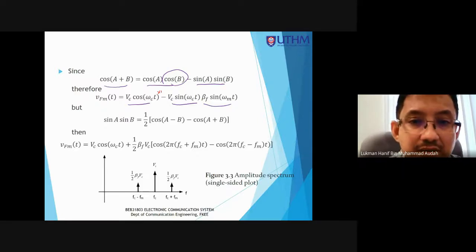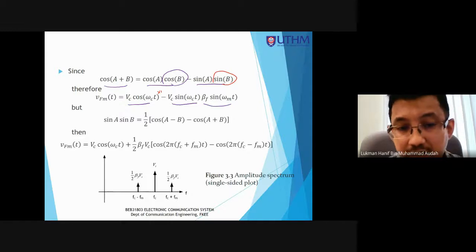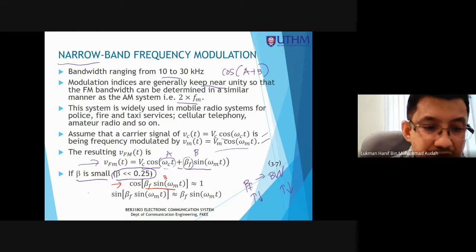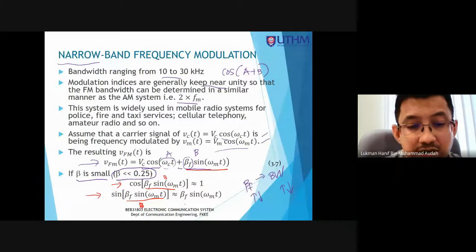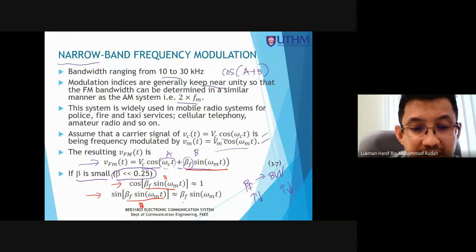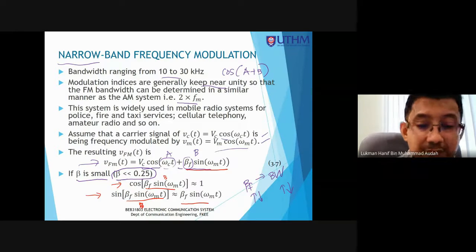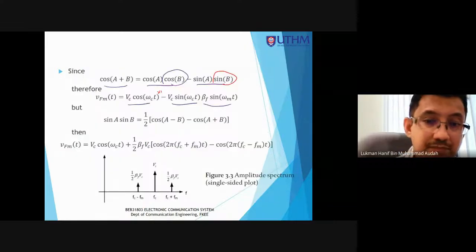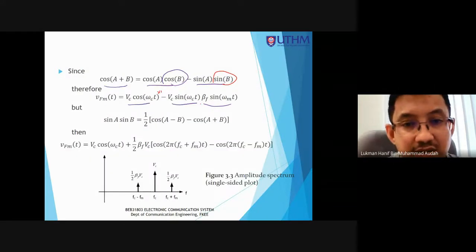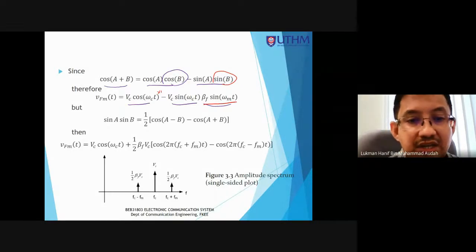Sin B. If you see from this approximation, sin of B, ini tadi kita dah buat ni B, so ini B lah, B parameter. Sin of B is approximately equal to beta_f sin omega_m t. So ini masukkan dalam yang tadi. So sin of B equal to beta_f sin omega_m t.